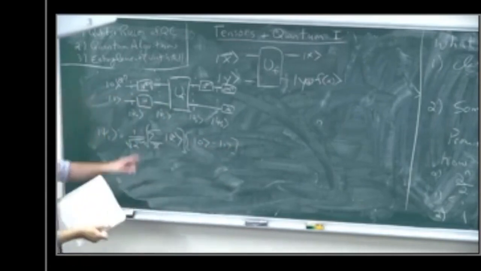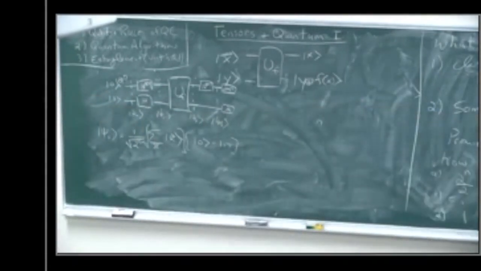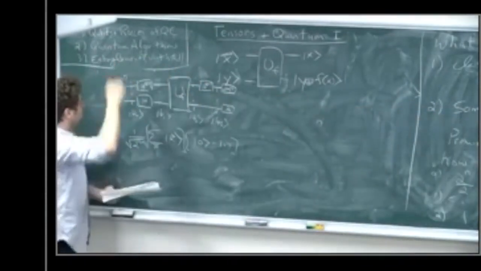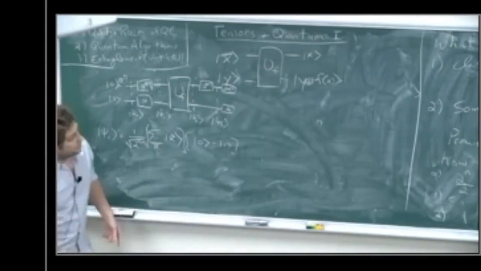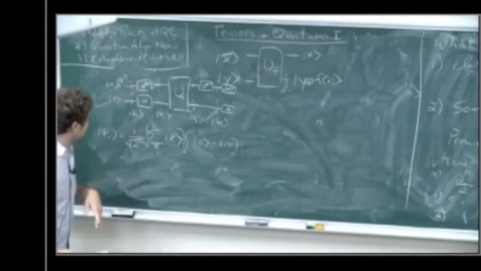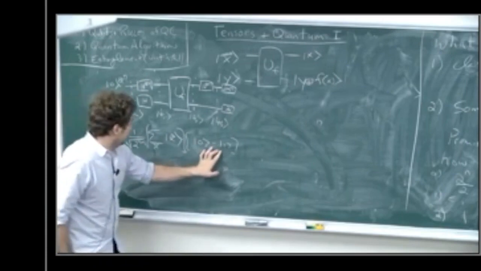So why is that? The Hadamard just took each 0 and turned it into a plus, and then it turned all of these registers into a tensor product of a bunch of pluses. That gives you something where everybody has the same amplitude in front of them with no minus signs, except for the one qubit that had a 1 on it that turned into a minus.